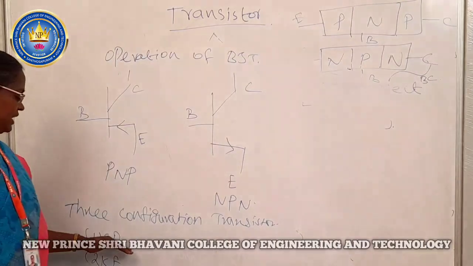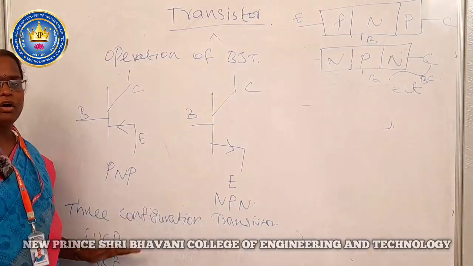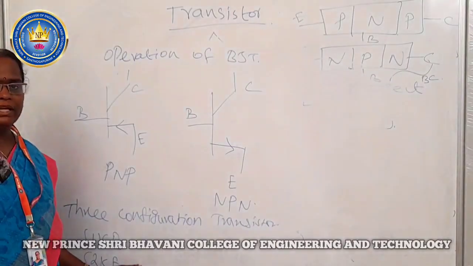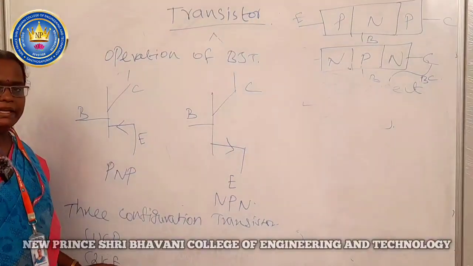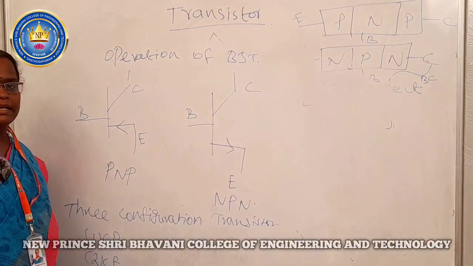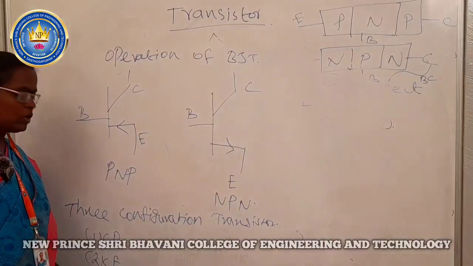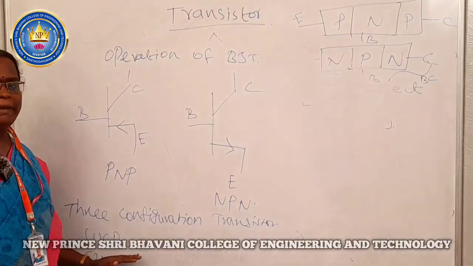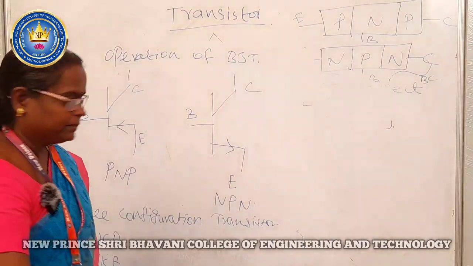Common base configuration means base is common for both emitter and collector. Common emitter configuration means emitter is common for both base and collector. Common collector means collector is common for both base and emitter.